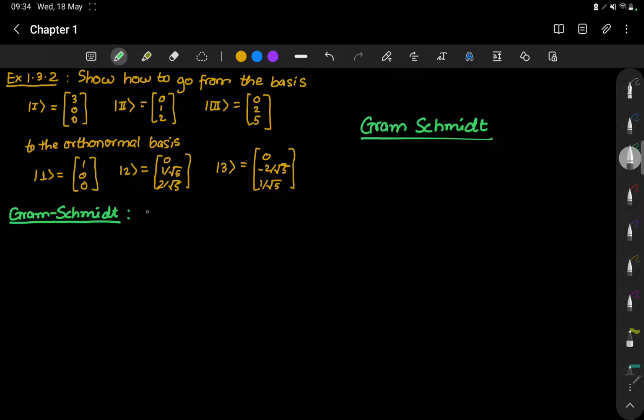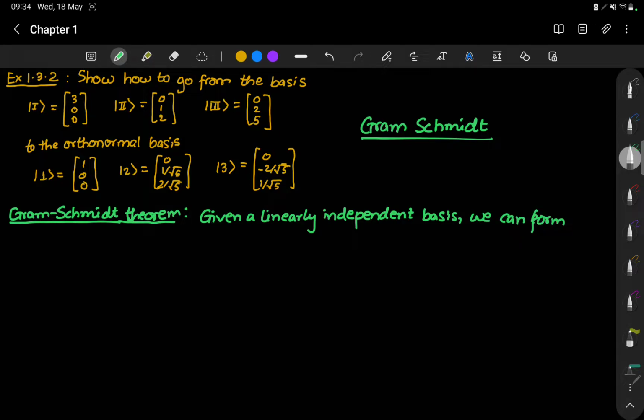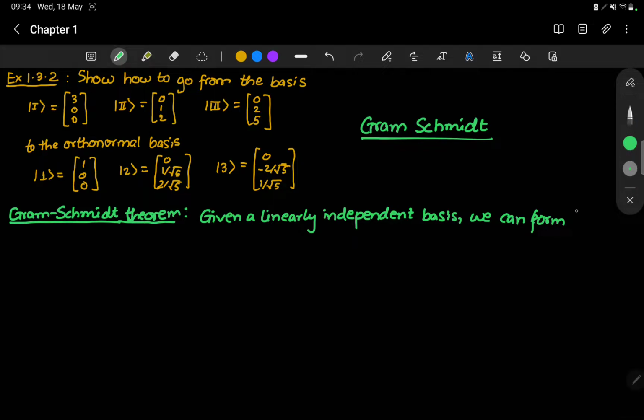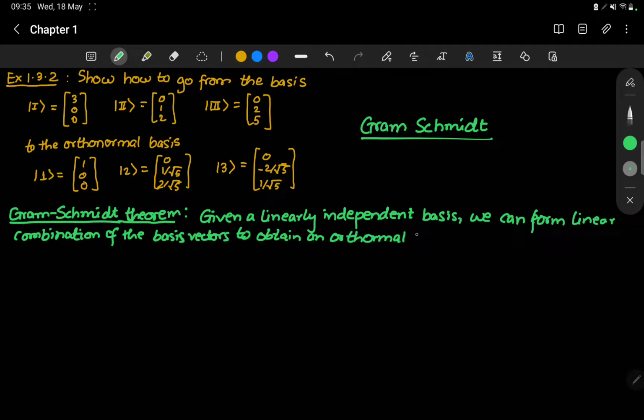The Gram-Schmidt theorem says that given a linearly independent basis, we can form linear combinations of the basis vectors to obtain an orthonormal basis.